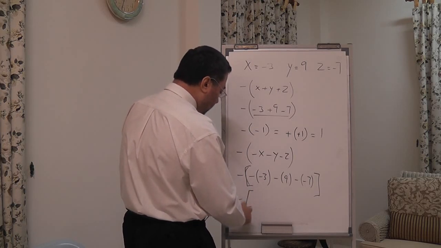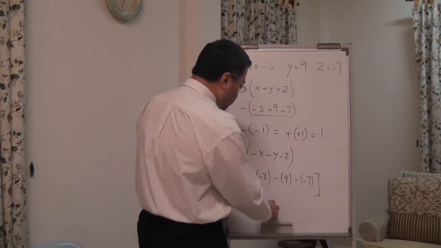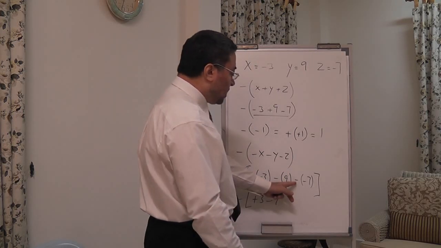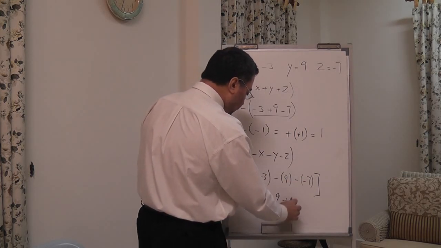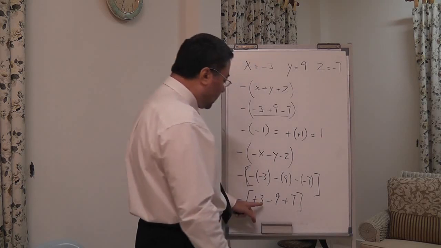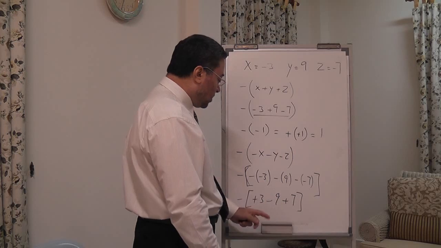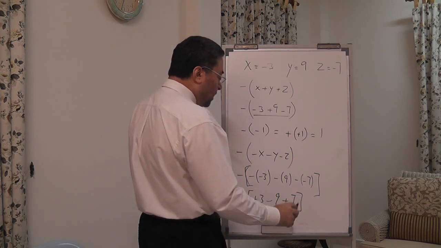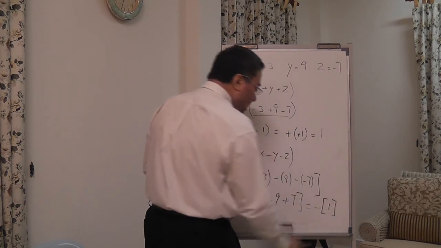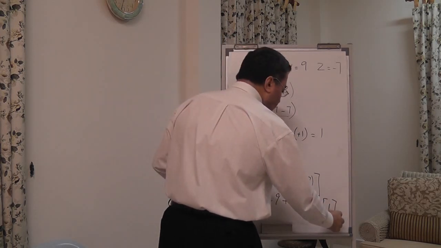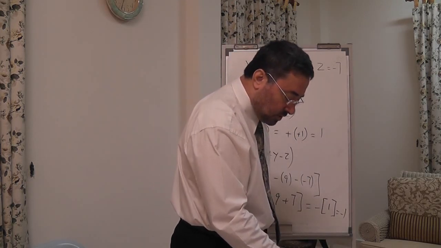So that will be plus 3. Minus 9. Again, we change this to a positive sign, and this to its opposite, and that's plus 7. So inside the brackets we have 3 minus 9 plus 7, that's 10, positive 10, minus 9, that's 1. So that's equal to positive 1, and there is a negative sign outside, so that will be a negative 1. So minus 1 is the answer for number 65.